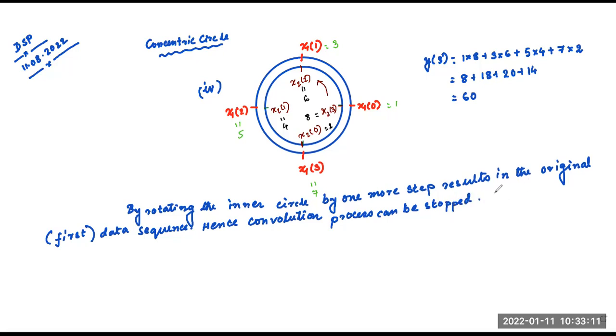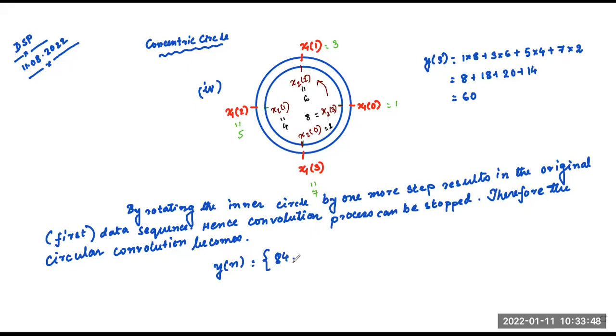Therefore, the circular convolution becomes y of n equals 84, 92, 84, 60.